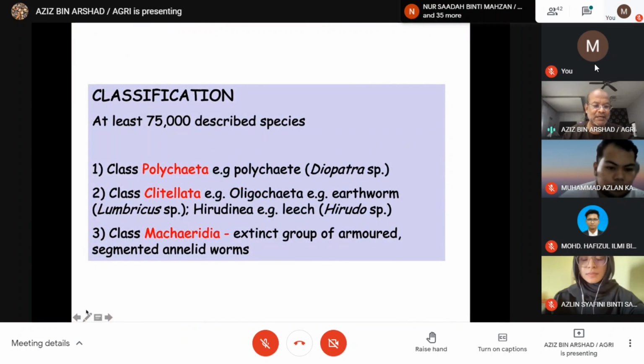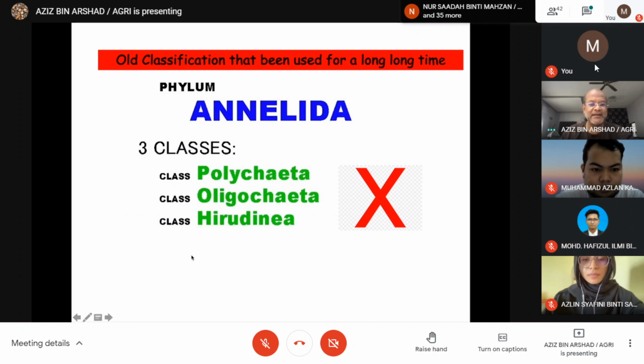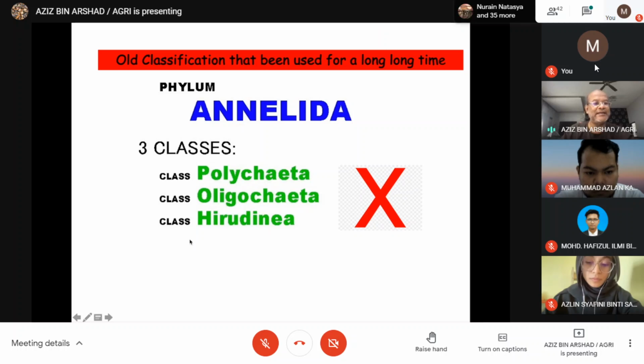The old curriculum is easier. Yes, this is the old one, but you don't use it anymore, okay? Because we have to follow the development of taxonomy. In some cases, I ask you to follow the old one. If you do this, it is also correct, but you are outdated.